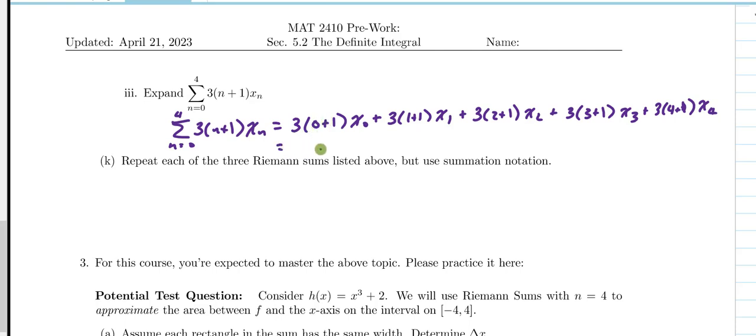So if I clean this up a little bit, I end up with 3x naught plus 6x1 plus 9x2 plus 12x3 plus 15x4, and I've expanded out this sum.